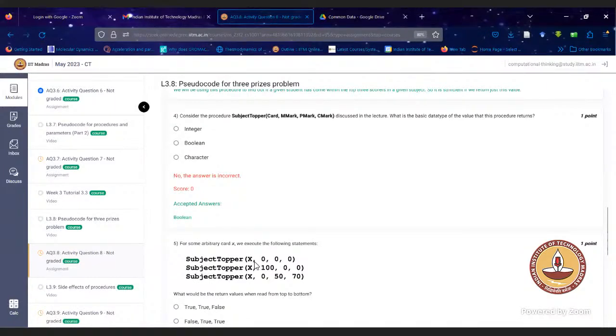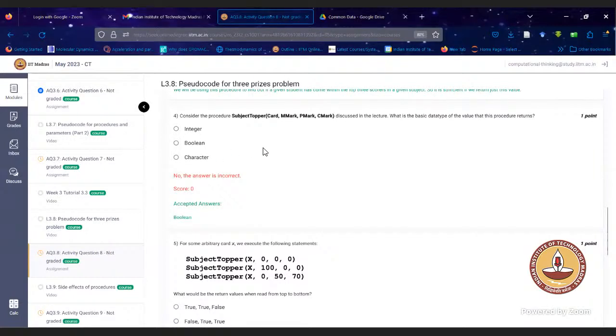The card, the maths mark, physics mark, and chemistry mark have been sent to this particular procedure, and it is comparing and telling you whether it is true or false for that particular card. If it is false, then you do further processing on this. But essentially, it is not giving you back an integer value or a character value. It is only telling you whether it is true or false.